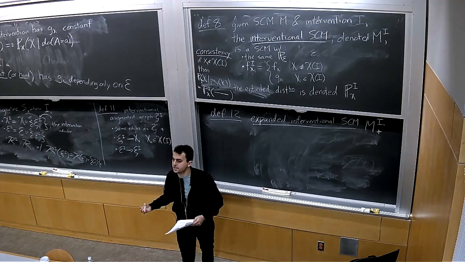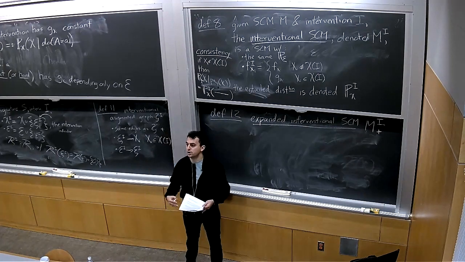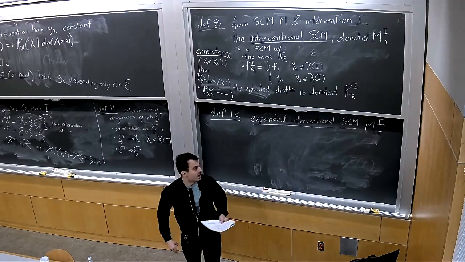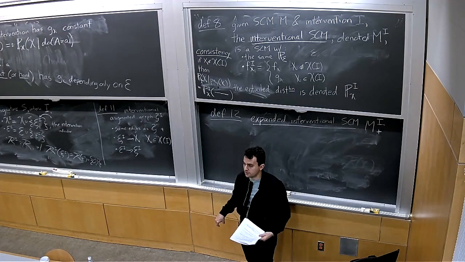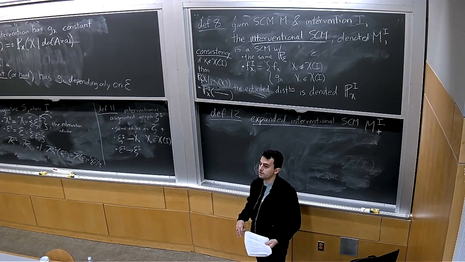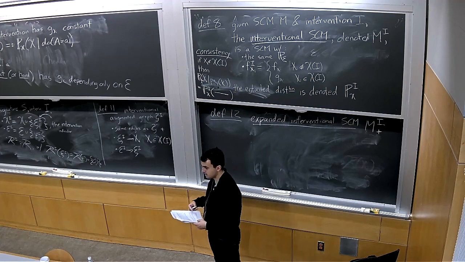That plus is going to indicate that it's a super graph, a larger structural causal model than the original one. MI without the plus was over the same set of variables as the original structural causal model. This is over the same plus extra variables.